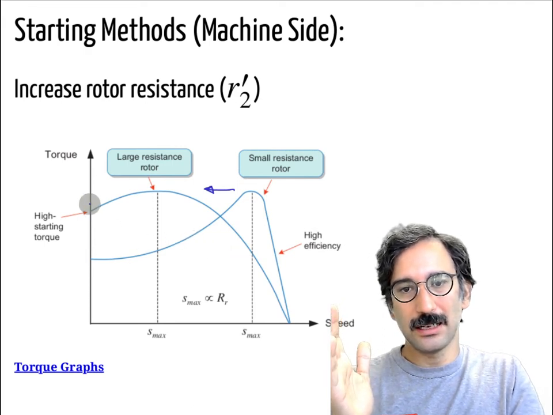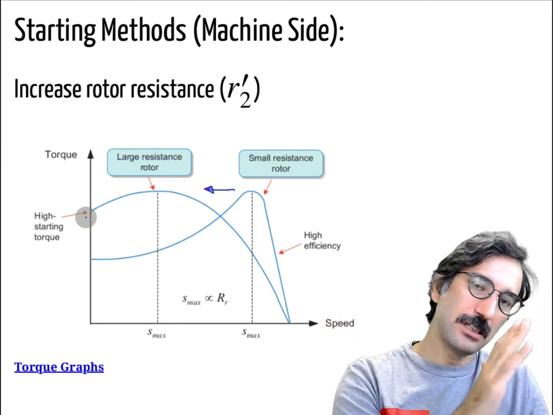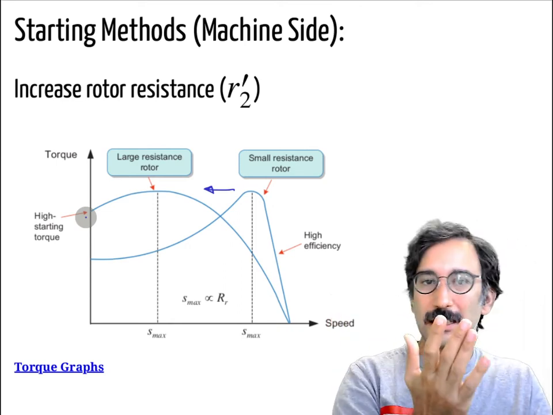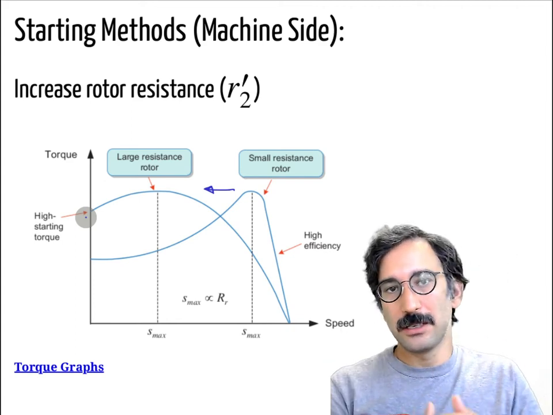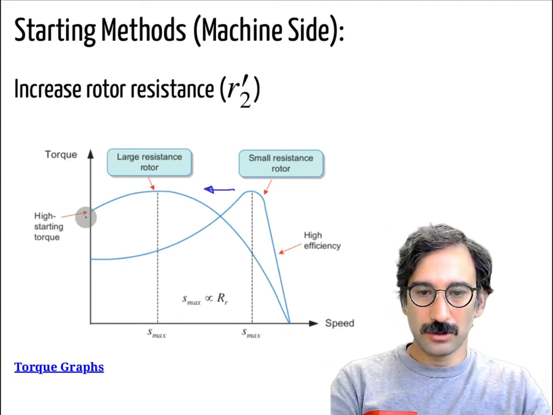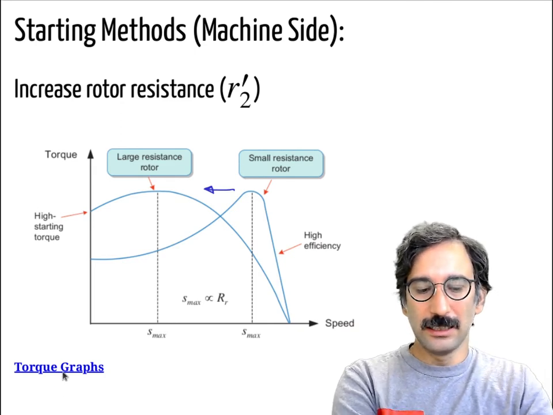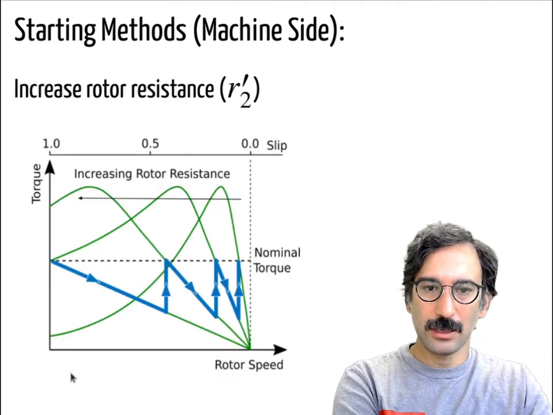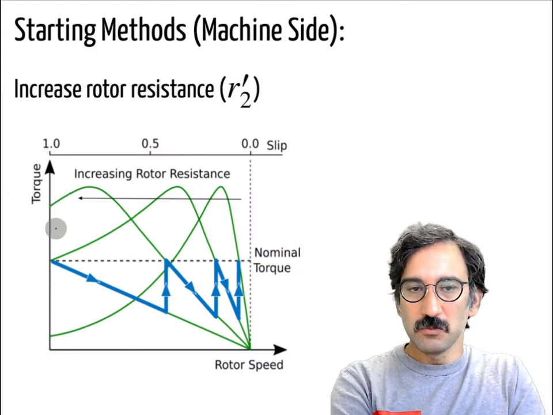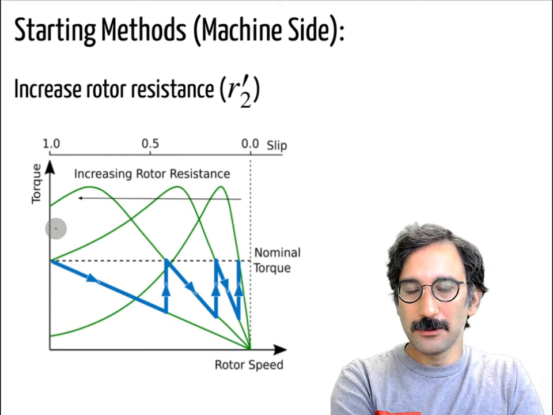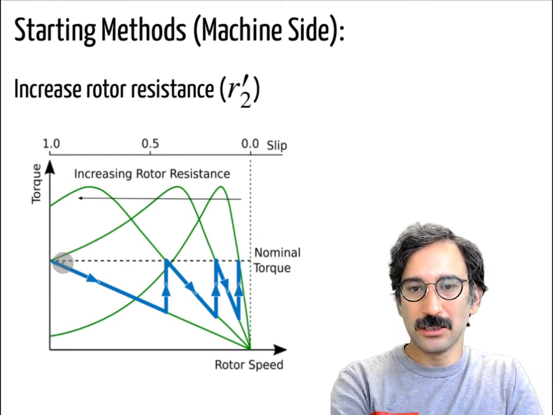So I can start my machine with a high starting torque, and as the machine accelerates, I can then reduce the rotor resistance and adjust where the maximum torque occurs. And you can try it yourself by using the link in the presentation. The idea is, you can do it in a continuous way, as we will discuss, or you can have a couple of discrete operations.